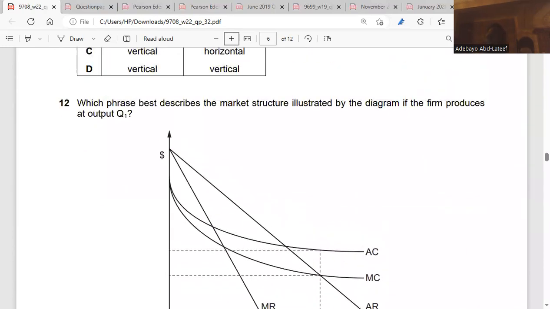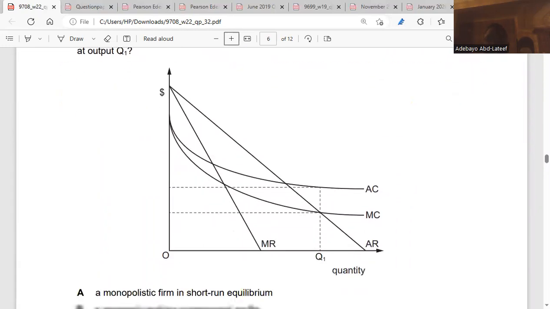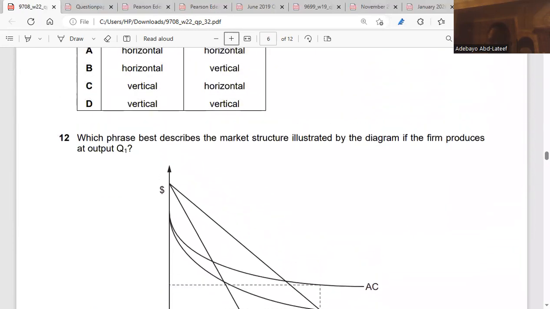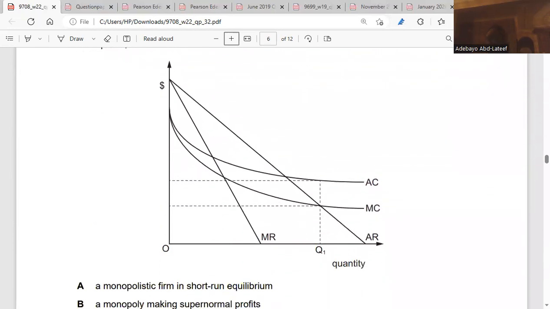Question 12. It said, which phrase best describes the market structure illustrated by the diagram if the firm produces at output Q1? Let's quickly go back to MR. At our MR equals AR, that means it's a monopoly that thinks about profit maximization.